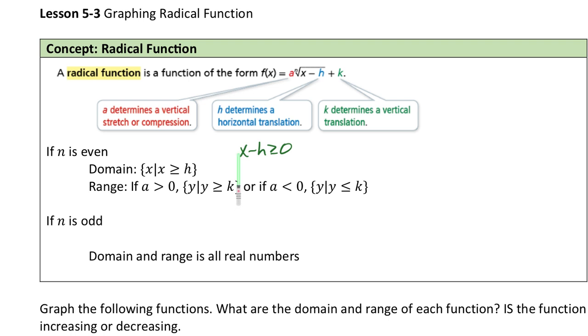Now, the range, if n is even and A is positive, then it's Y greater than or equal to K. And if A is negative and n is even, then it's Y less than or equal to K. If n is odd, then domain and range are real numbers, so we don't have to do anything from there.